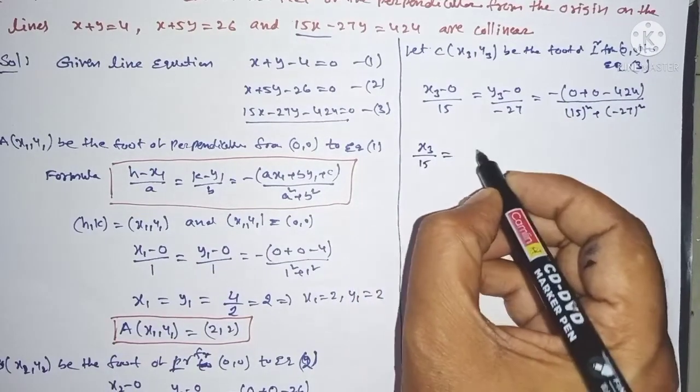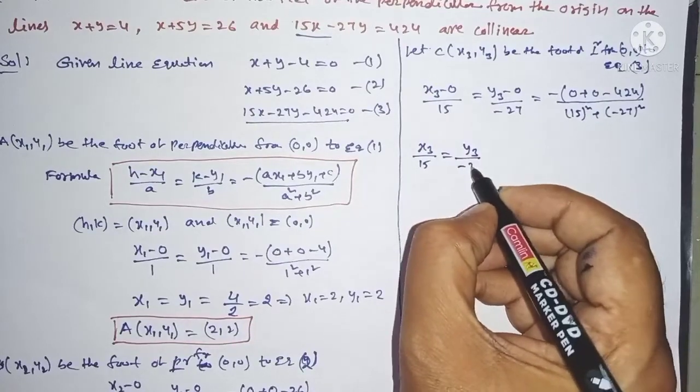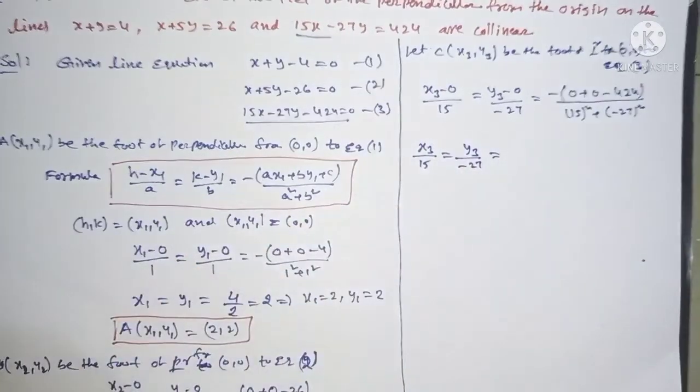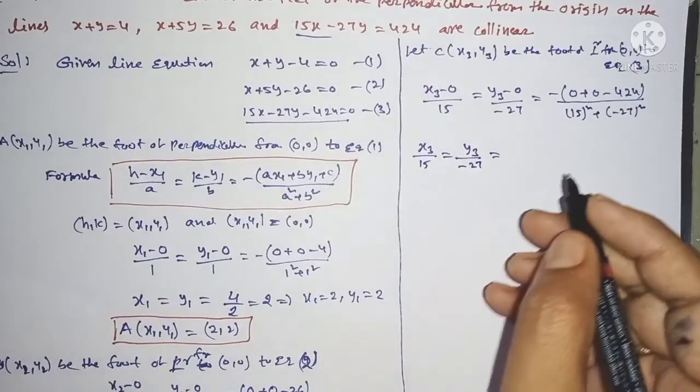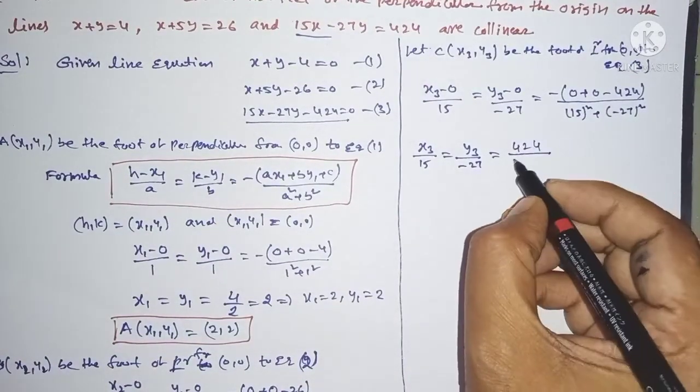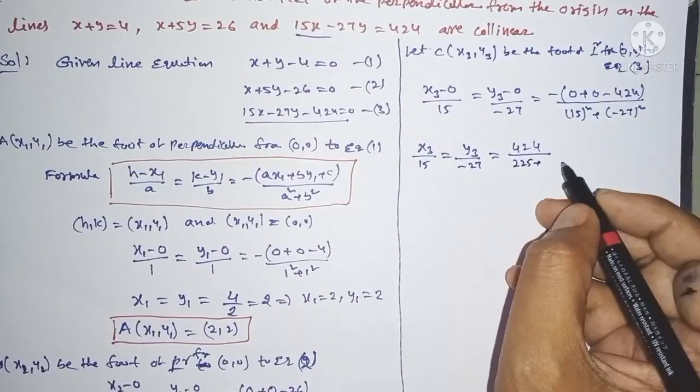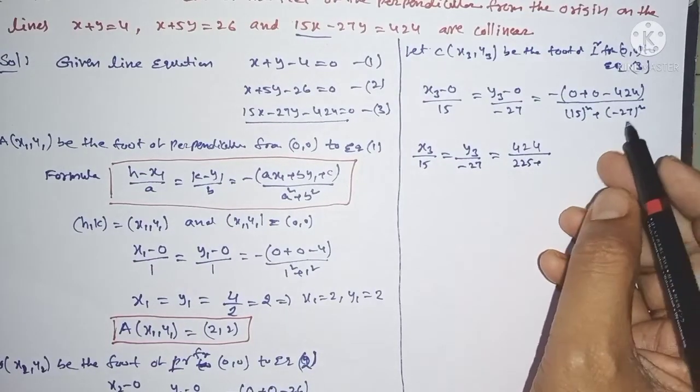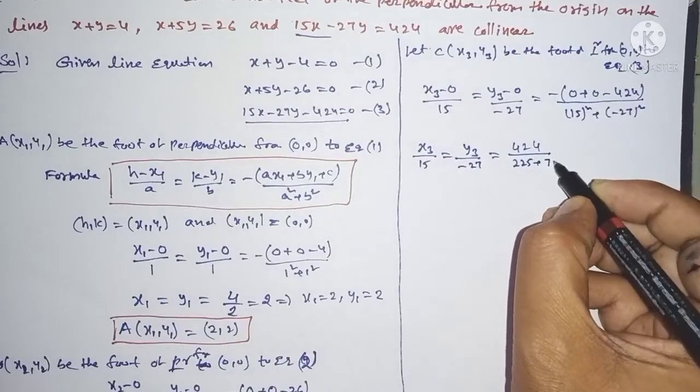x3 by 15, y3 by minus 27 is equal to 424 by, 15 square is 225 and 27 whole square is 729.